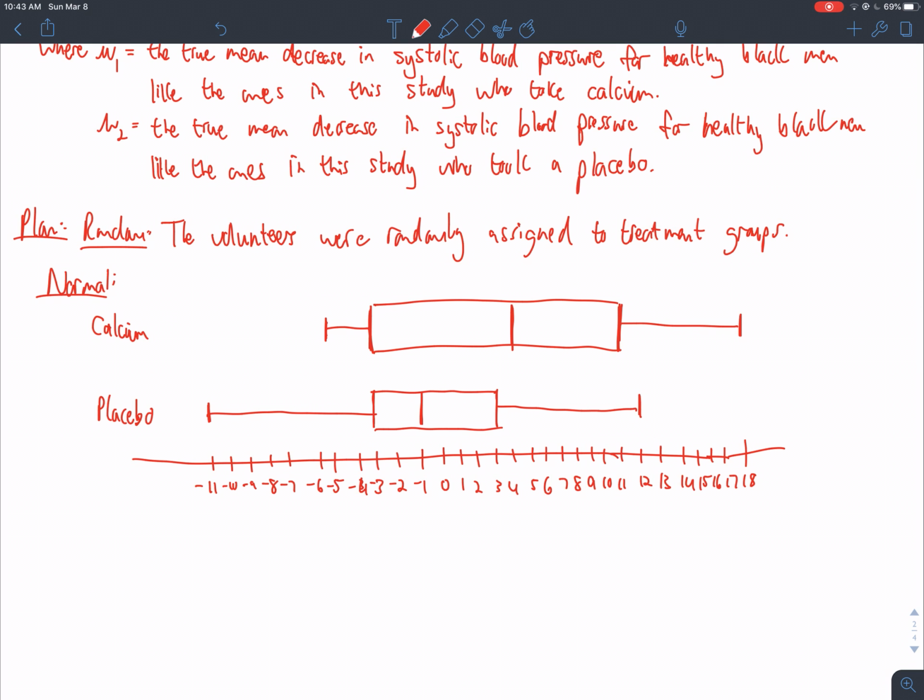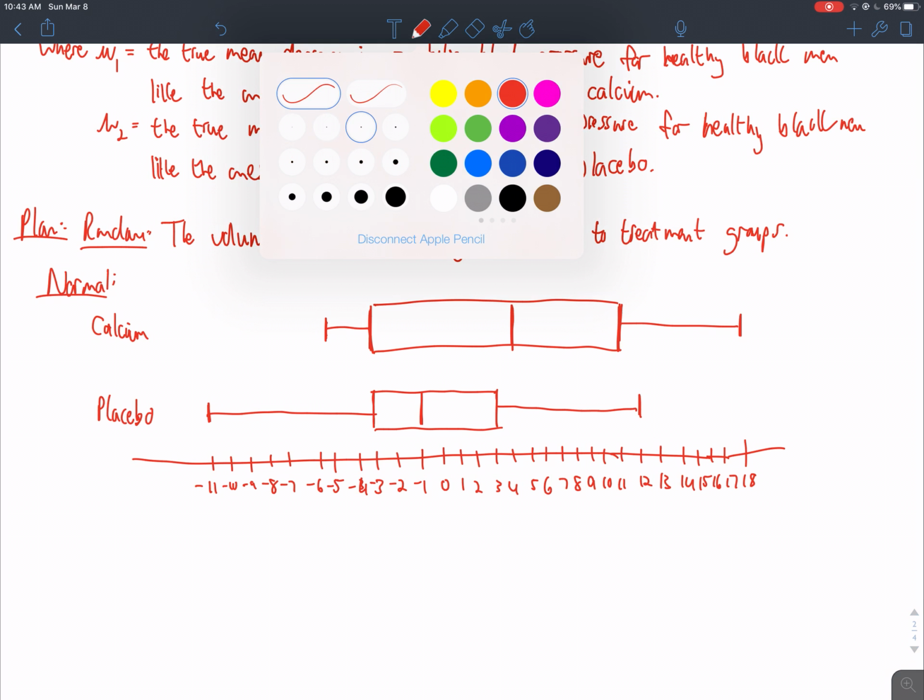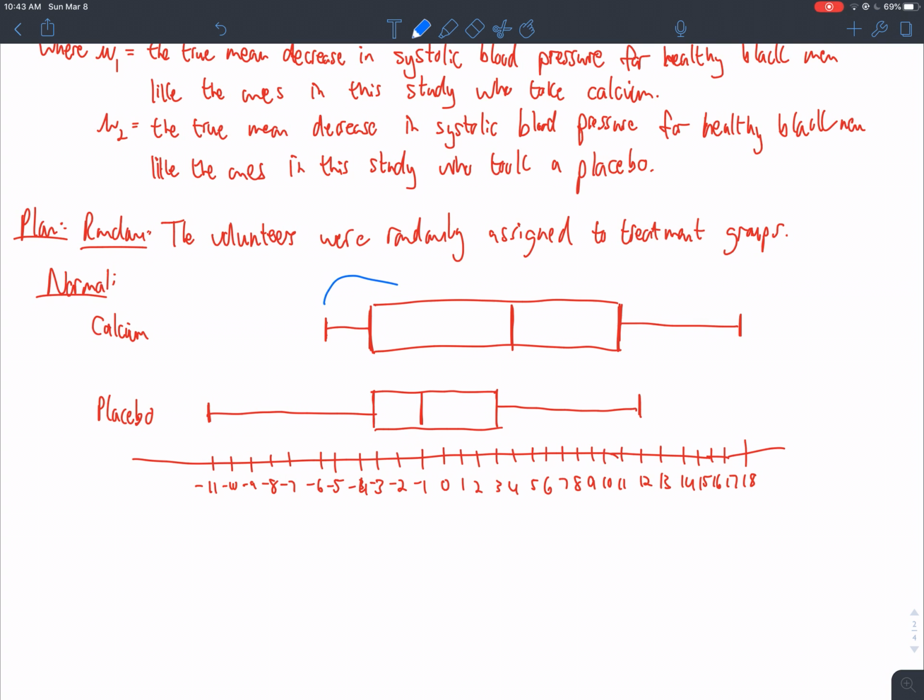We said if sample size is less than 15, I should see symmetry. Now I wouldn't quite call this symmetry, but it's also not too bad. If I'm looking at this distance here compared to this distance here, that's not too bad. Both of them are not too bad.